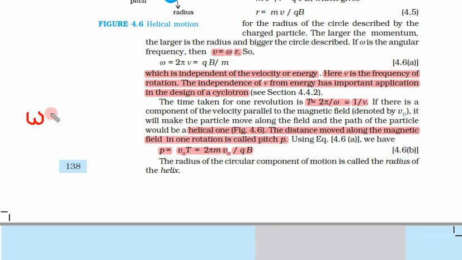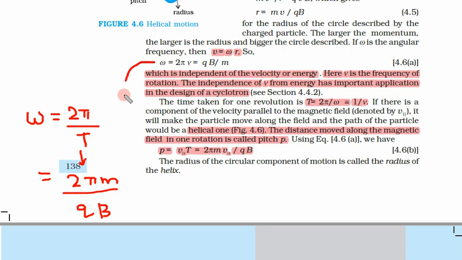So omega is equal to 2 pi by T. Okay, so T is equal to 2 pi m by qB. This is the value of T from this equation, and we have v parallel as well.